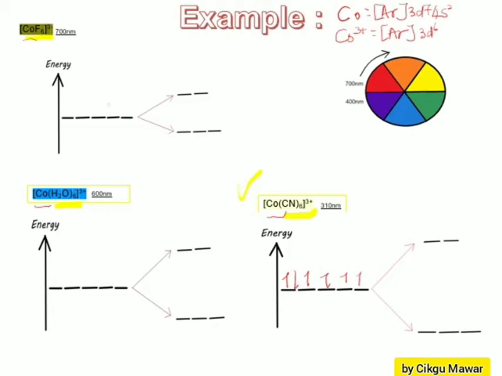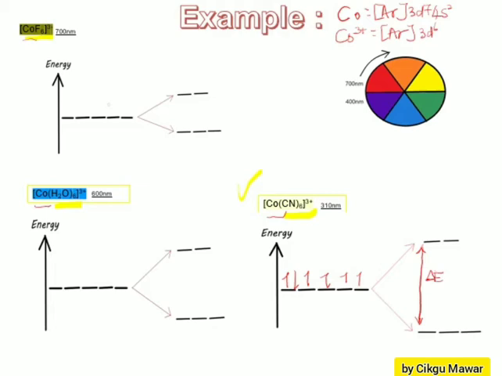With the presence of the cyano ligand on the cobalt ion, the d orbital splits into two sets of orbitals, forming an energy difference here.